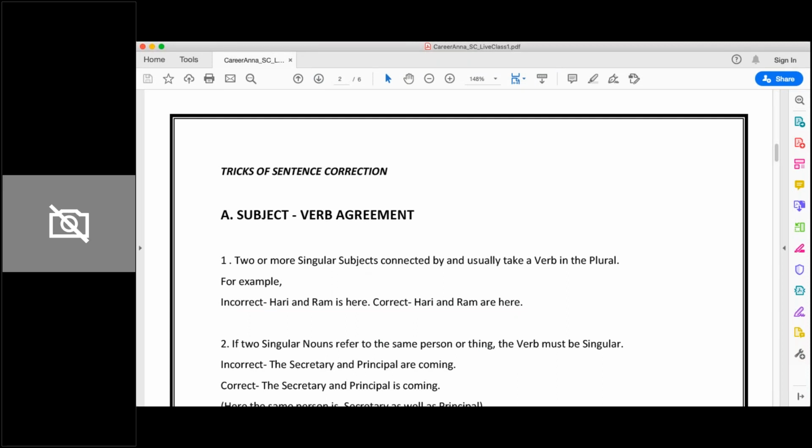Now, all of us, do we understand what we mean by subject of a sentence? Do we understand what is a verb? Can anyone tell me what is the subject of a sentence?